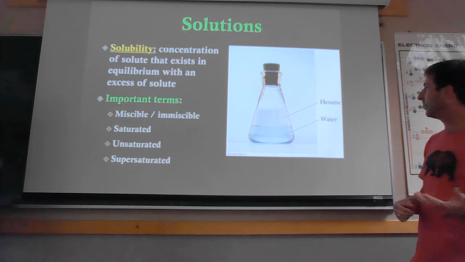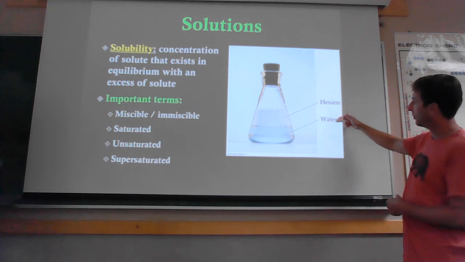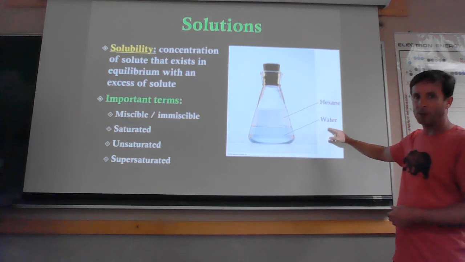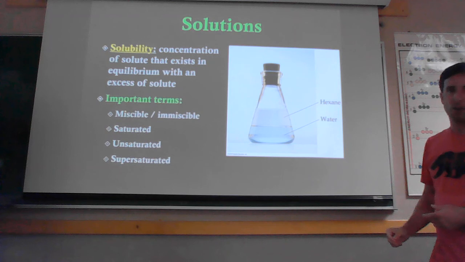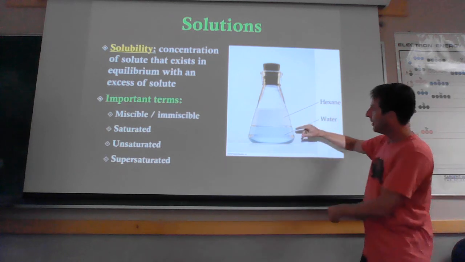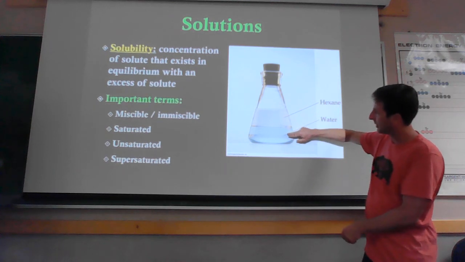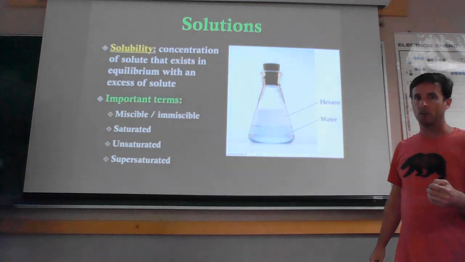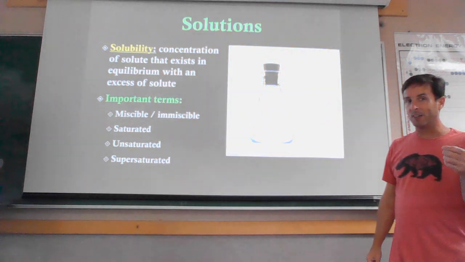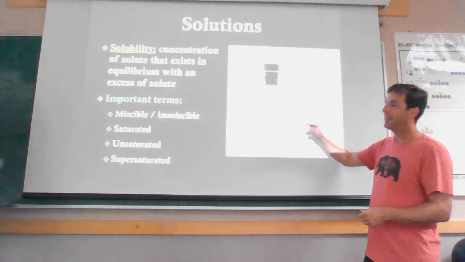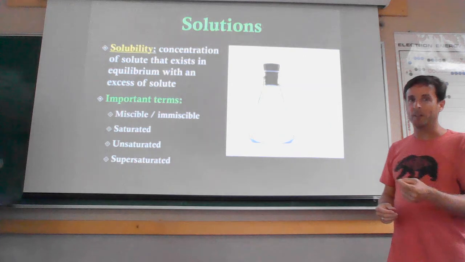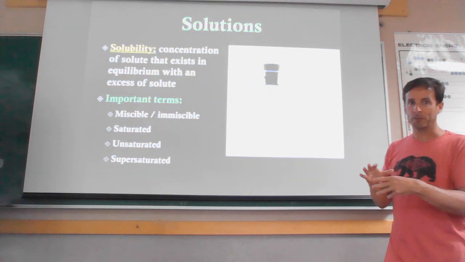On the other hand, if I mix together hexane and water, hexane is nonpolar, water is polar, they don't like to mix much at all. So if I mix them together, they form two separate layers in the container. Those liquids are immiscible. Now, a trick here is, even though we say they don't mix, there's always a little bit of solubility for every two compounds.